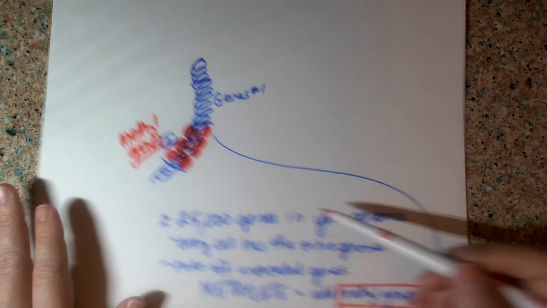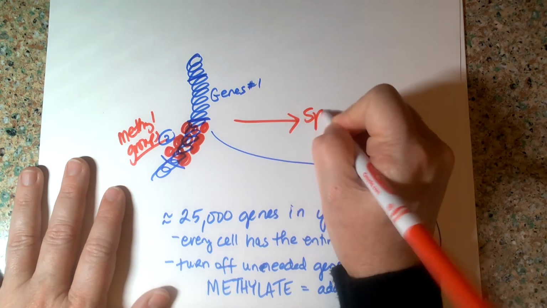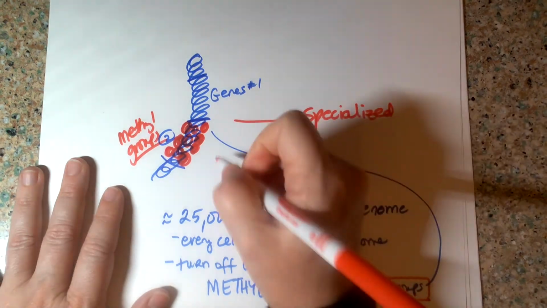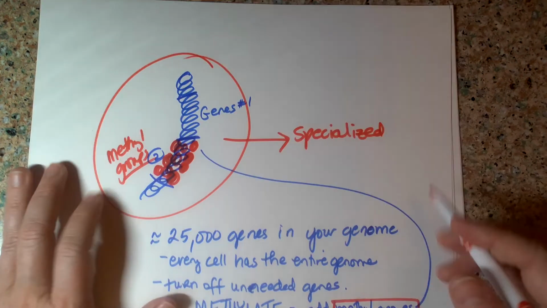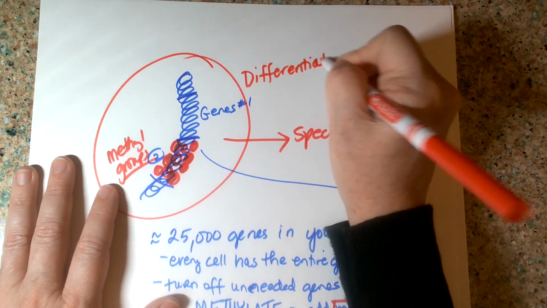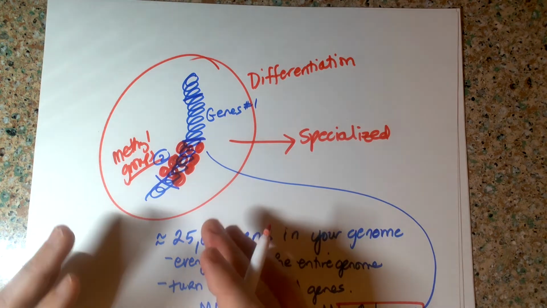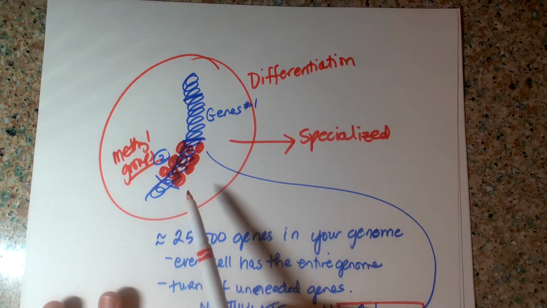So cells turn genes on and off, and when they do that, they become specialized. That process of turning these genes on and off is called differentiation. They become different. So that big ball of cells that was you, each one of those cells has to specialize at some point and become different so that it can do its job.